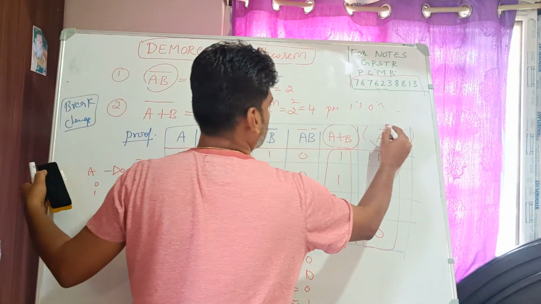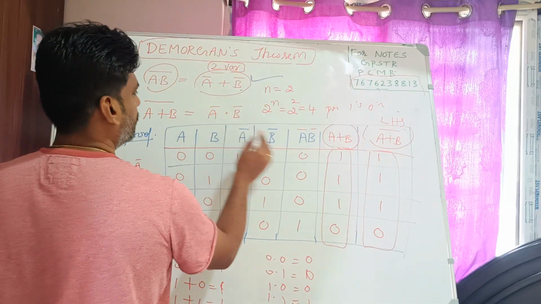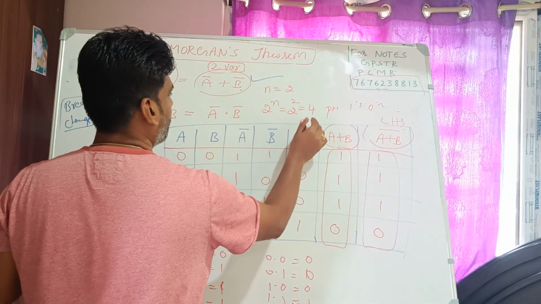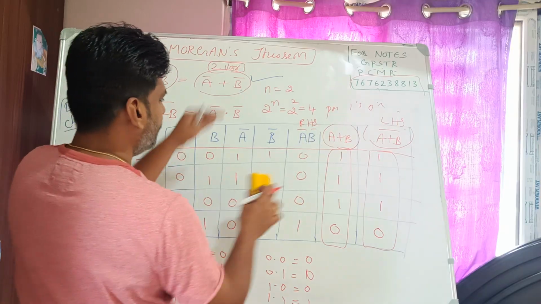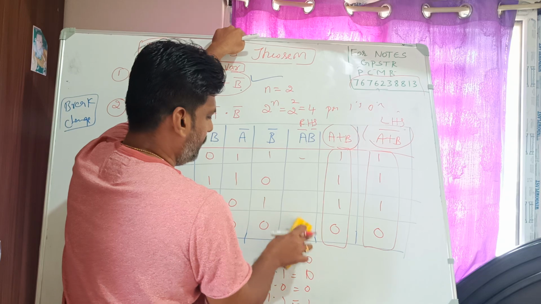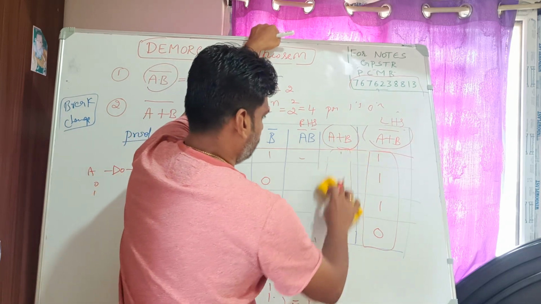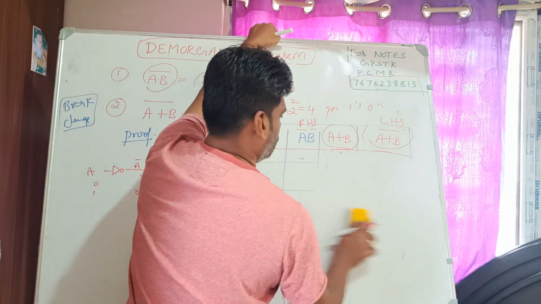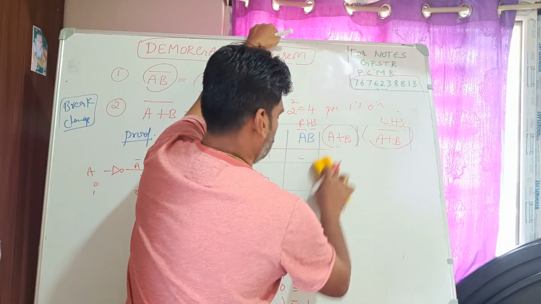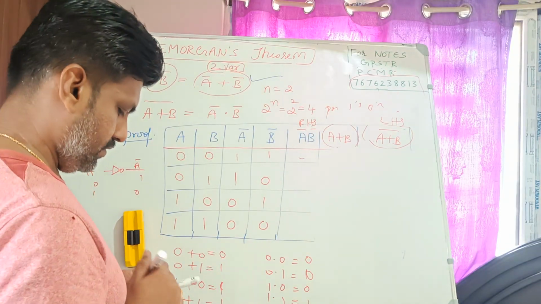This is the LHS. And what is RHS? This is the RHS. And these entries, I will just erase because it is the first one.